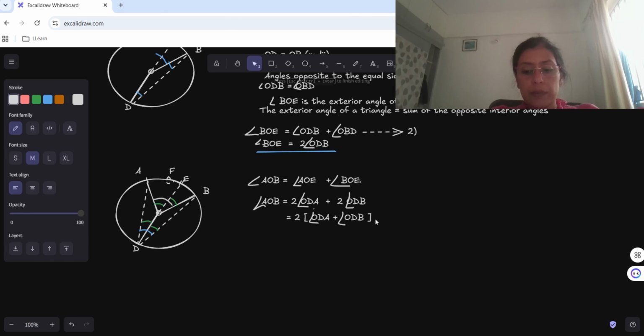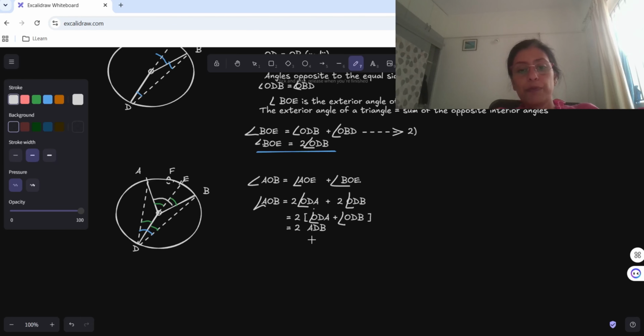Which means it is twice of, what is the sum of ODA plus ODB? This is ODA and this is ODB. The sum is ADB, right? So this is twice of ADB.